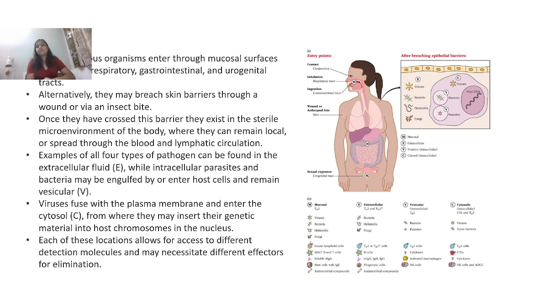This is why we put a band-aid, or any kind of protection around the wound, because if any breach is there, any kind of pathogen can enter your body. These pathogens wait for any breach in skin barriers so they can enter, or through an insect bite also.